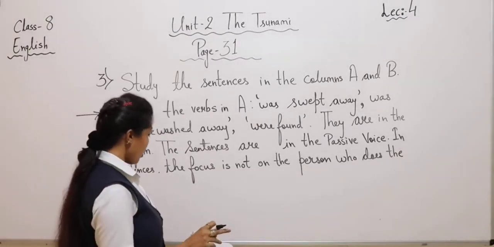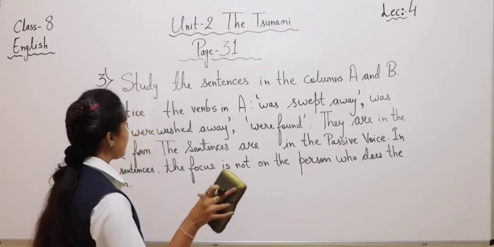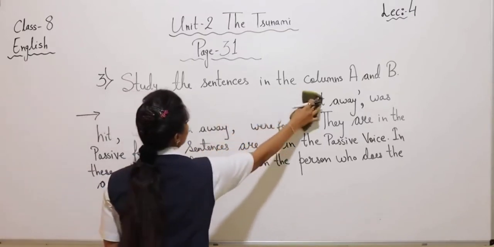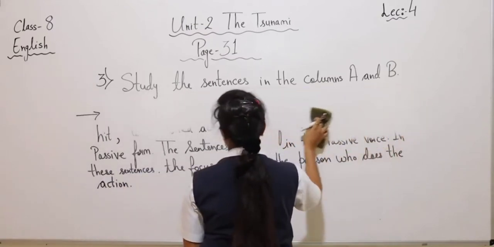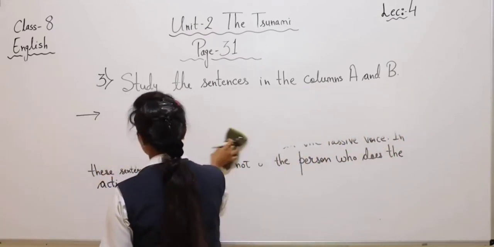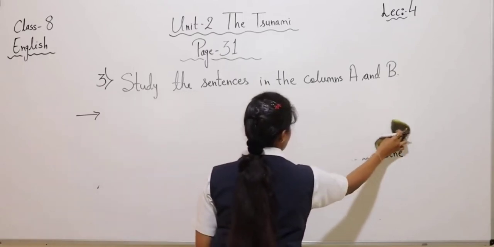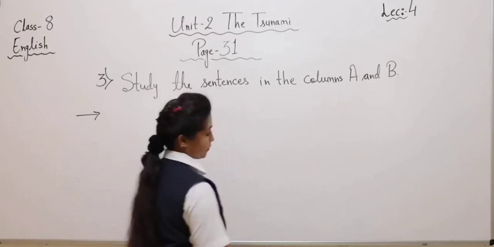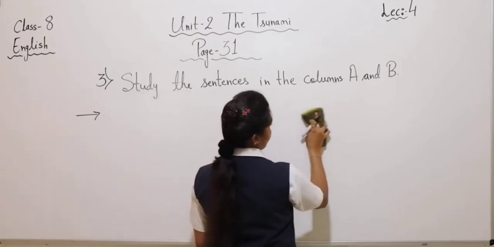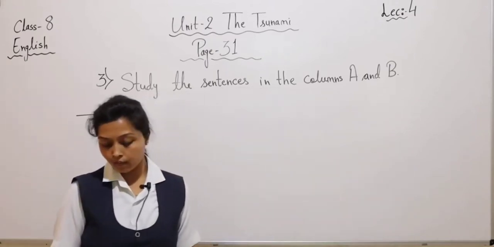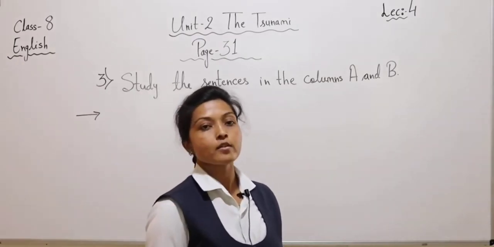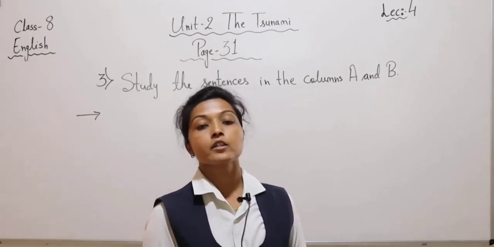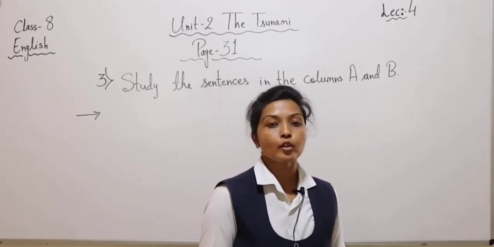Now we are talking about column B. So write down that in B, so it's clear that when the focus is not on the doer of the action, then it is which form, active voice or passive voice?